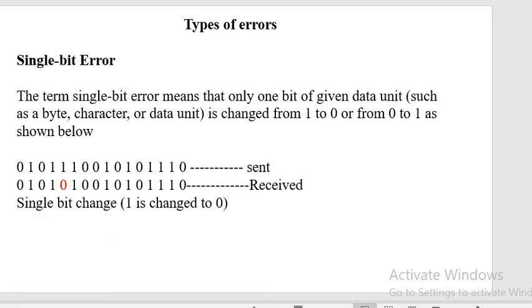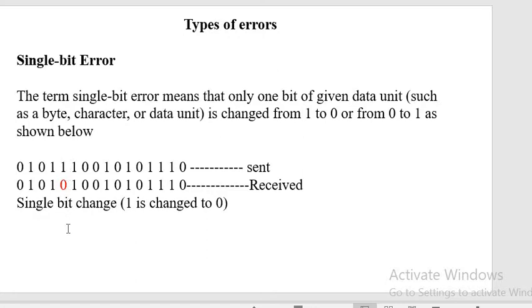My data is 0101 1100 1010, same data. But the receiver received the data with a corrupted error in the fifth bit. 1, 2, 3, 4, fifth bit. Fifth bit is 0. So 1 corrupted as 0.